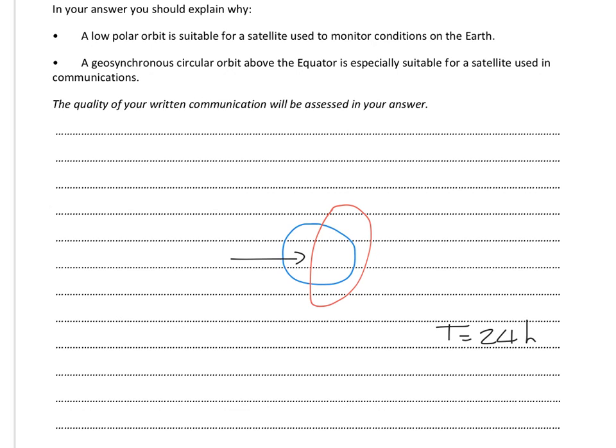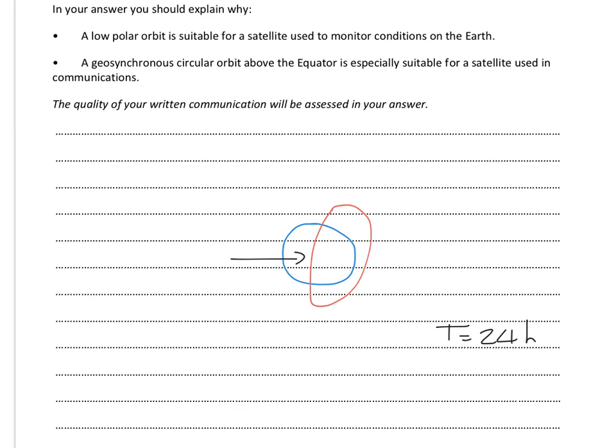Geostationary is in a fixed position relative to the Earth, and that's one of the key points. In terms of how you use a polar satellite, it's used for mapping terrain, because you can look at very inaccessible parts of the Earth, because it covers the whole surface, and it updates more regularly, so it's quite good for weather, because if it's coming round and round several times a day, you can get regular updates on the weather.